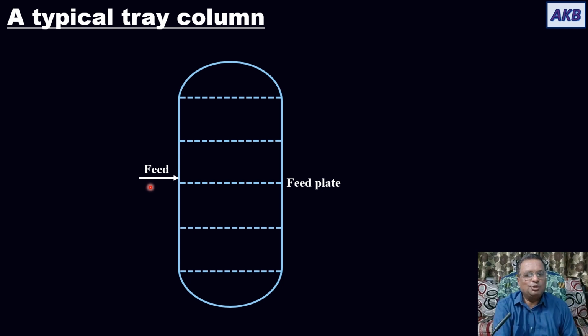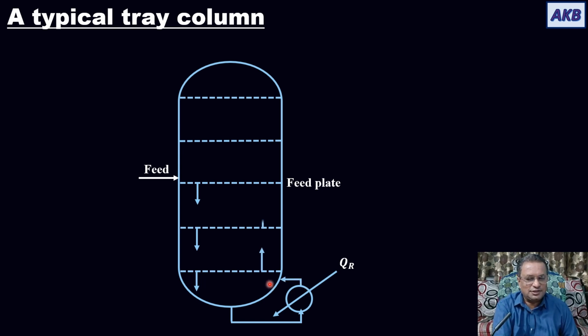So feed could be of different types. The liquid portion of the feed will be coming down, and it will be taken out at the bottom and then sent to a reboiler where it will be heated to produce the vapor phase. The resulting vapor phase is admitted at the bottom of the column. Then it rises through the column and is taken out at the top.